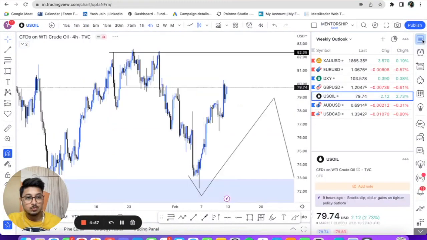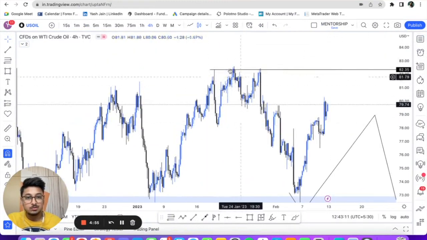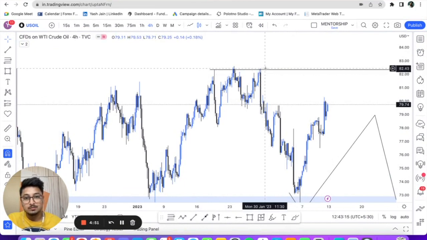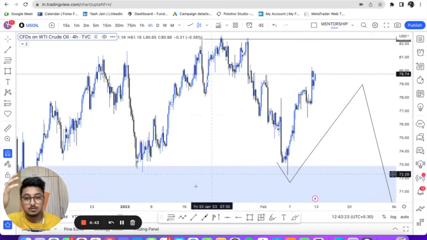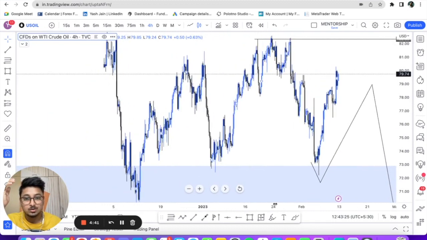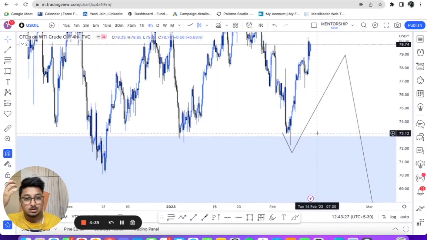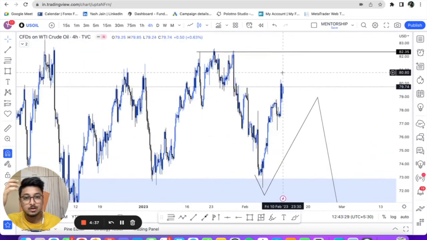Let's take a quick look at US oil. On US oil, I shared the previous view that 82.35 is a level above which I don't think so. Until that is broken, we cannot be looking for longs. And we reversed back from there. Right now, we are currently again going to that particular supply area.